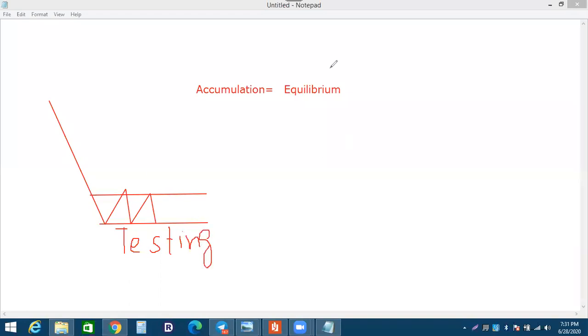So there are two more concepts in this case. After accumulation, we can find reaccumulation. And if the trend starts from the distribution, after distribution, maybe again we find redistribution.